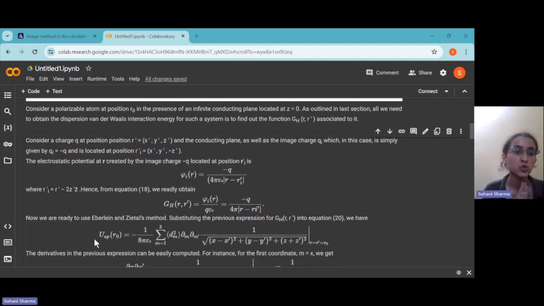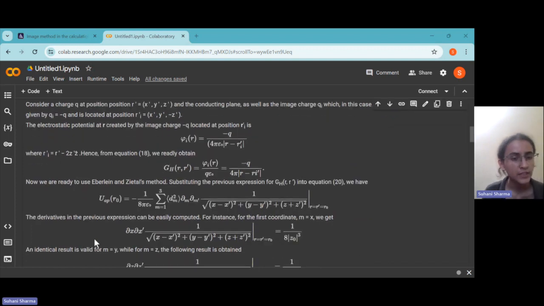Now we are going to apply the Eberlein and Zettel method. We will incorporate the GH function we just found into the method, which allows us to compute the interaction energy U AP at r naught. So we will now delve into the practical application of the method to compute the interaction energy, as I said, between the atom and a grounded conducting plane in our case.